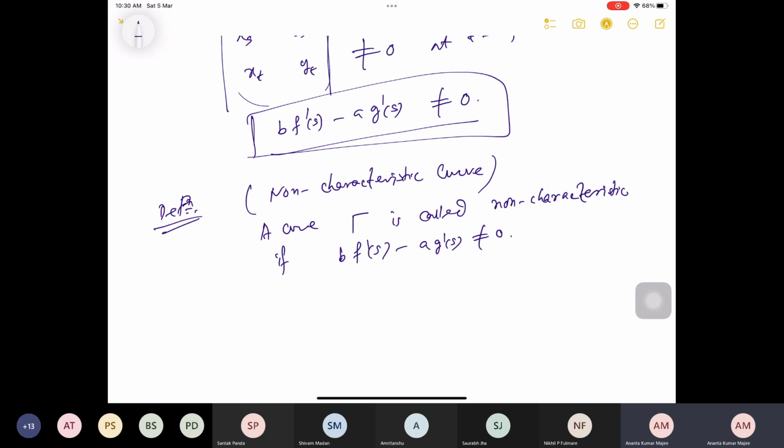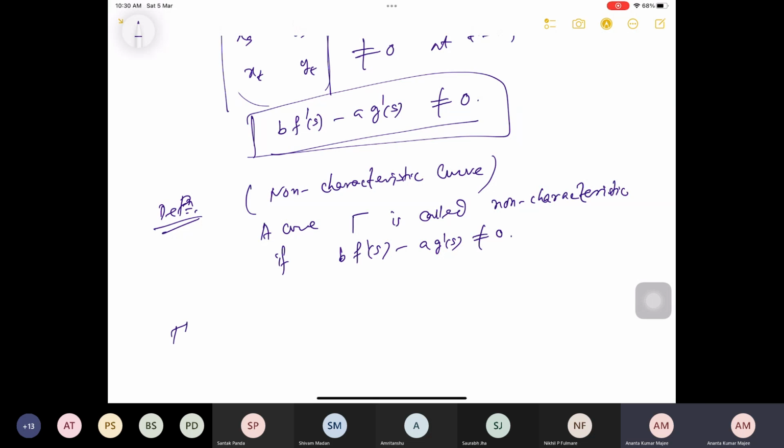So geometrically, it says that the tangent to my surface, the curve gamma and the vector field (a, b, c) along gamma, if you project to the xy plane, are nowhere parallel. So if I know that my curve gamma is non-characteristic, then I can find a unique solution in a neighborhood of gamma.